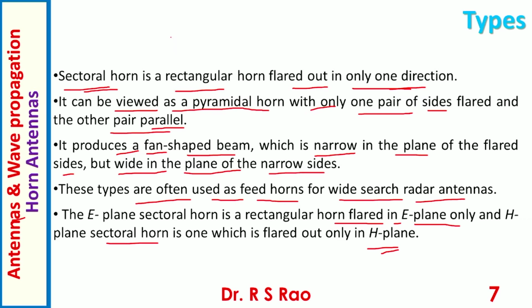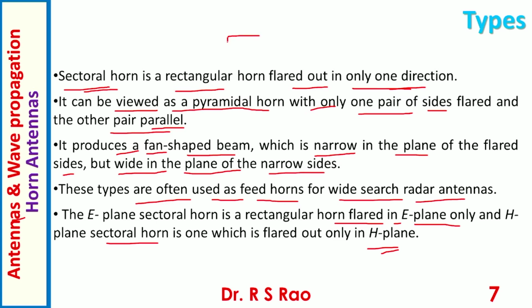So the points being told here are these. Horn antennas derived from rectangular waveguides are called rectangular horns. Horns are made by opening out of the walls. If walls are opened out in both the planes, then the horn is called a pyramidal horn.